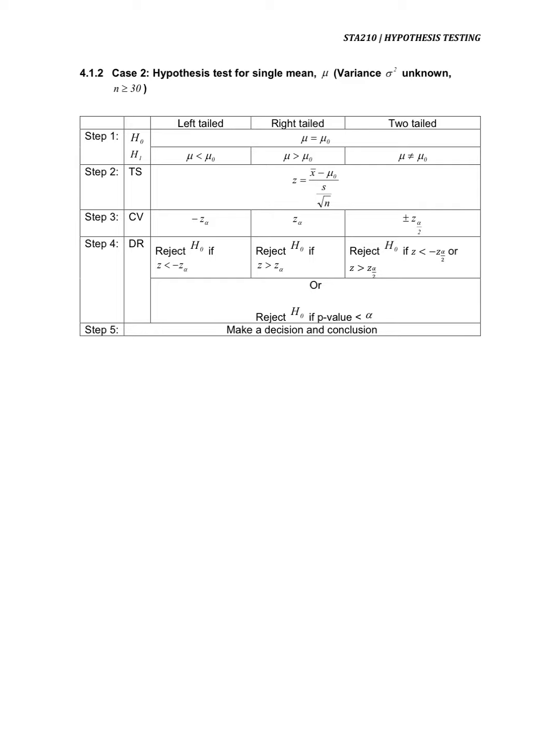The critical value and the decision rule are the same as case number 1. We also can use the p-value approach. The last step is to make a decision and a conclusion. Now look at the example for case number 2.